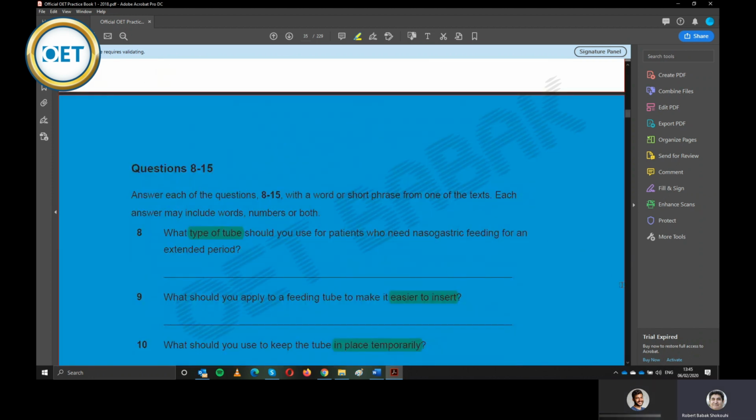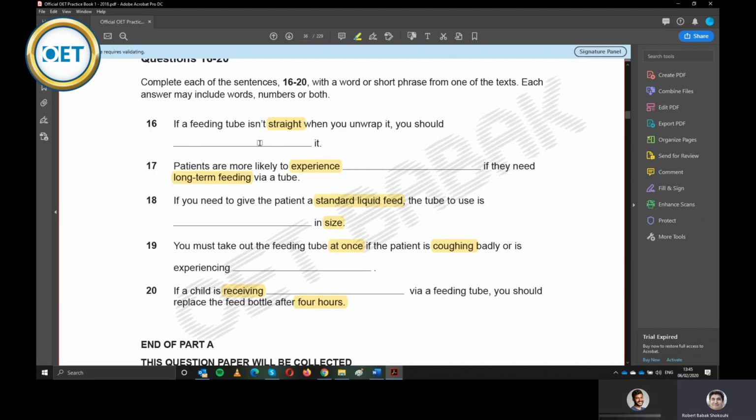Where were we? Okay, if the tube isn't straight, you should stretch it. The patient is more likely to experience what if they need long-term feeding via tube? We don't know. If you need to give a patient a standard liquid feed, your tube to use is smaller in size because it's 6, okay, or finer in size.